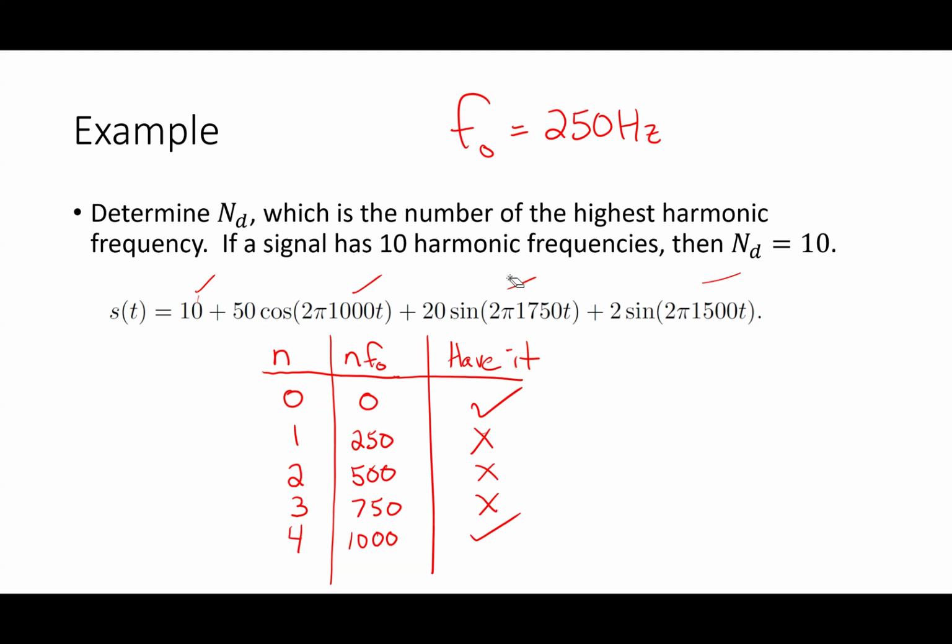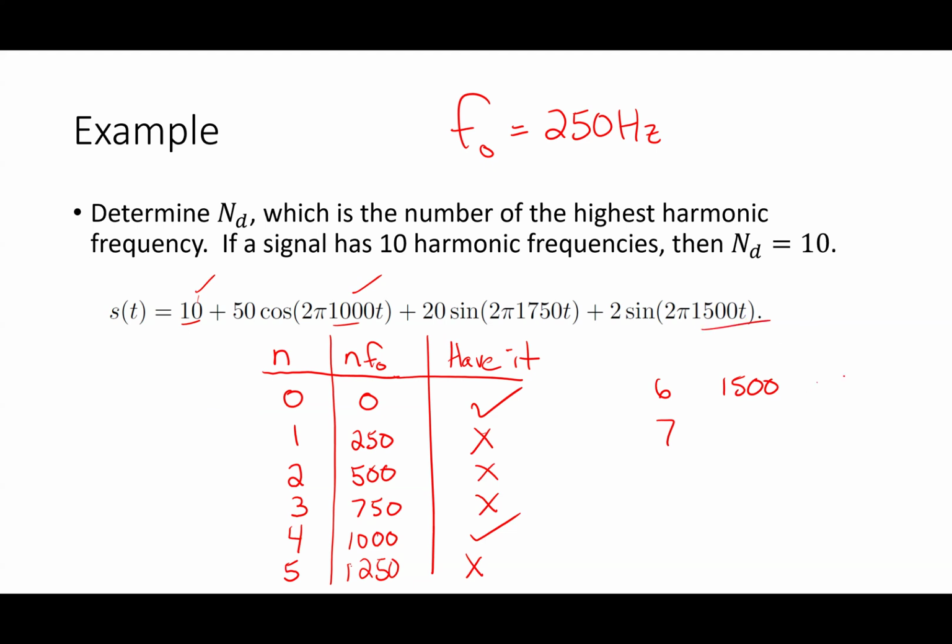So now I've got the 0 and the 1,000 covered. If I keep going with this, 5 would be what? 1,250. Don't have that. 6, 7. So 6 would be 1,500. Do I have that?